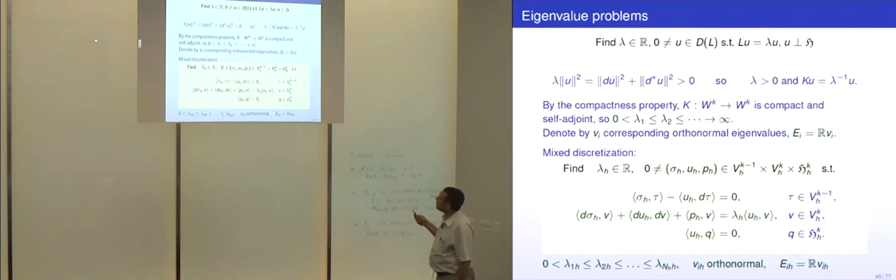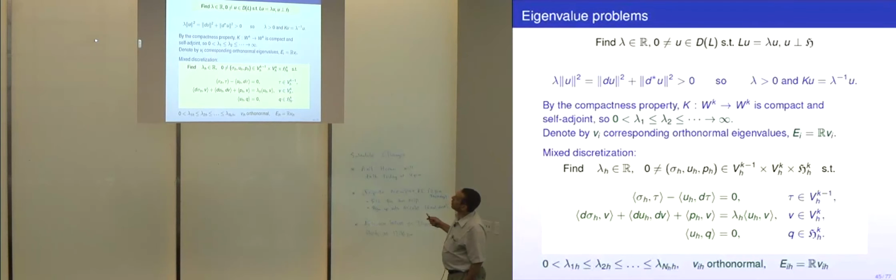In this problem, if we get rid of the harmonic functions, so we are only talking about non-zero eigenvalues, they're all positive. That's basically saying L is a positive definite operator. And the proof is very simple. Just take the equation Lu equals lambda u and take the inner product with u, so you get lambda norm u squared is norm du squared plus norm d star u squared.